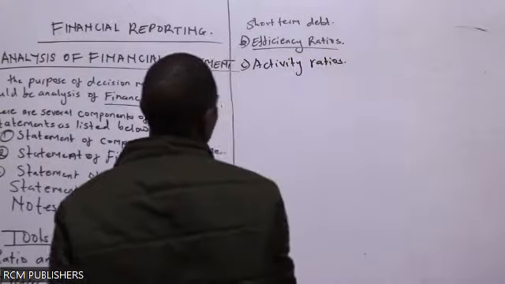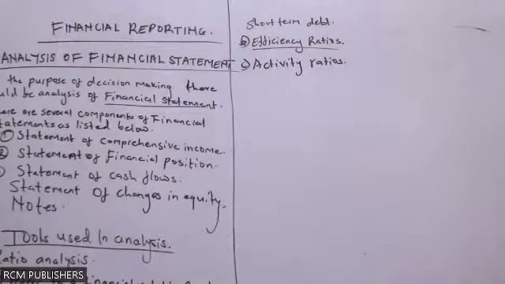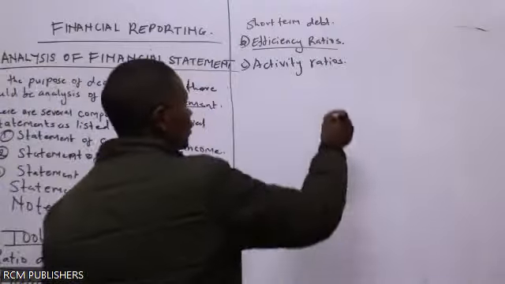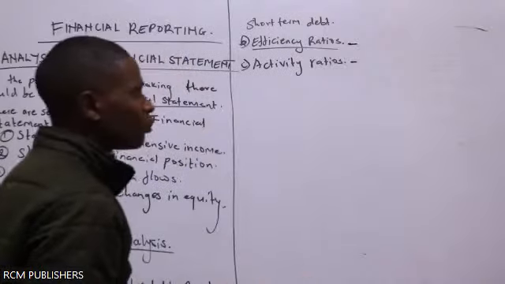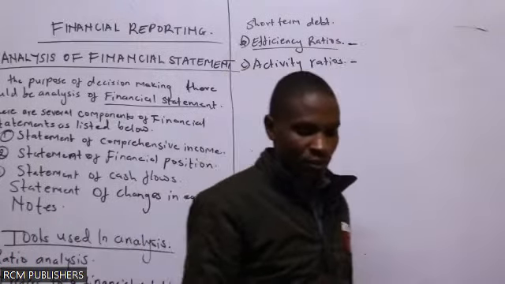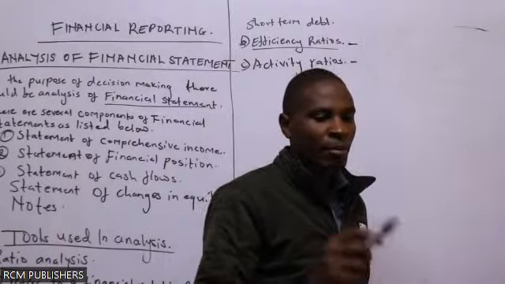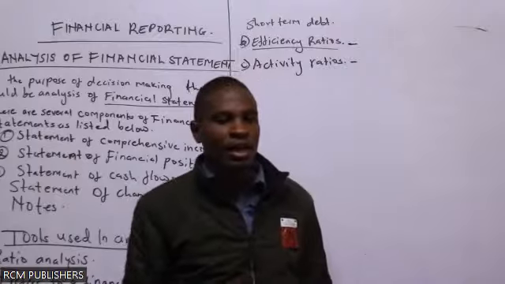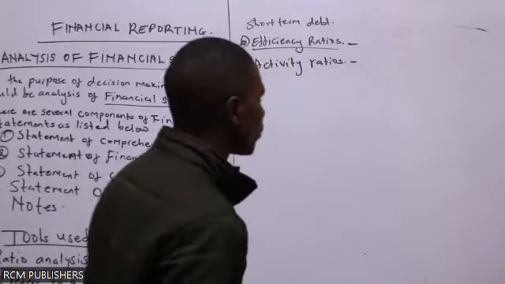Like the way we have said that liquidity ratios zinatuonyesha whether the company is able to pay its short-term loans, what about the efficiency ratio? Because I need you to grow, go and check the two. How do they relate, or what do they show? Someone can just check from Google and tell us efficiency ratio inajaribu kupima nini kwa kampuni. You people, you are bright. I know you are able to tell us that. I give you a few minutes to do that as we proceed.